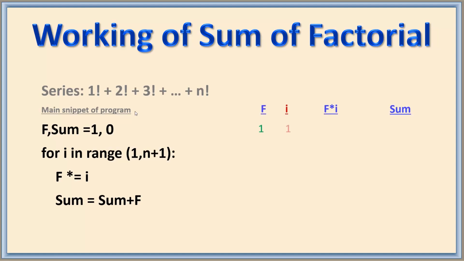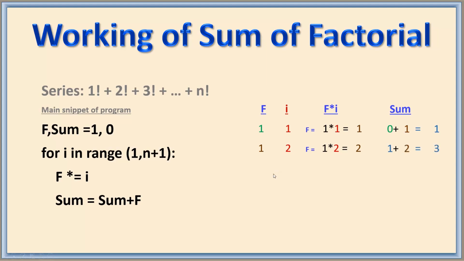So first f is 1, I is 1, f is equal to 1 into 1 becomes 1, and then sum becomes 0 plus 1 is equal to 1. So here this 1 is here. Now when I is 2, the factorial will be already 1. So 1 into 2 is equal to 2. The sum is 1 here, that is added with 2, now it is 3.